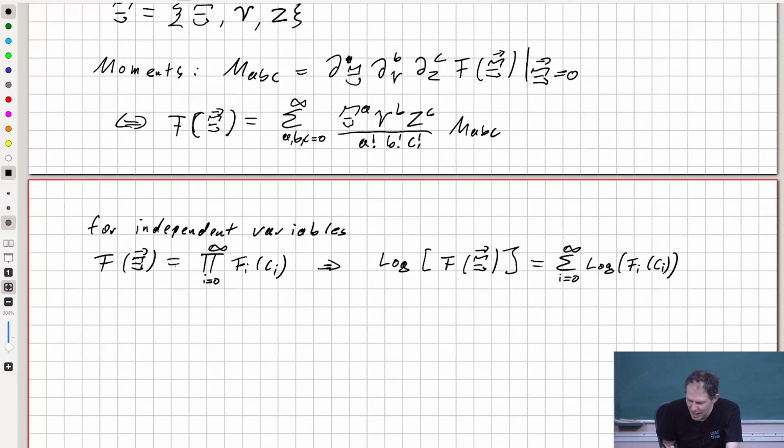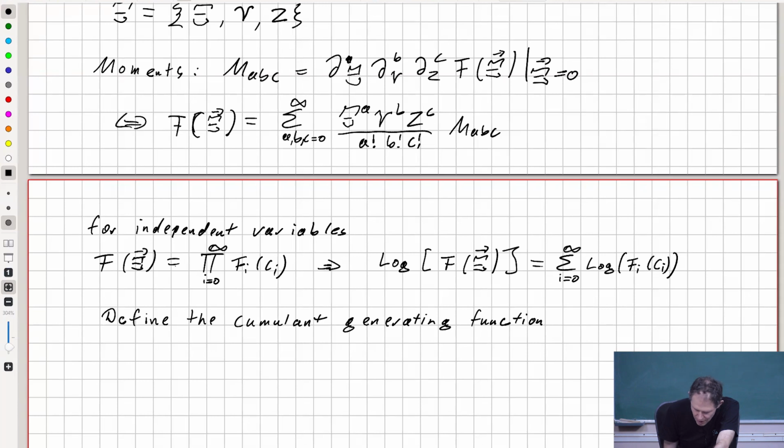So we now define the cumulant generating function as the logarithm of the moment generating function, and we simply say that they behave the same way.